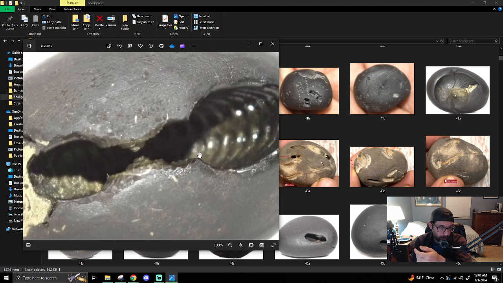So imagine that this lobe out here doesn't yet exist, and it only went to here, and then over here it only went to here, let's say. And then it extends over into this lobe and etches out this lobe, and then extends over here and etches out this lobe.